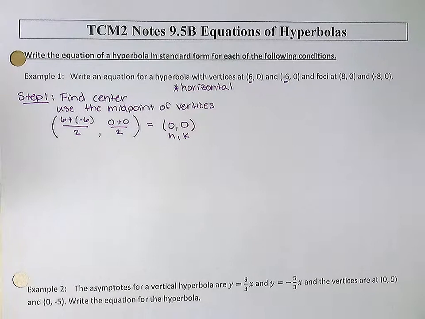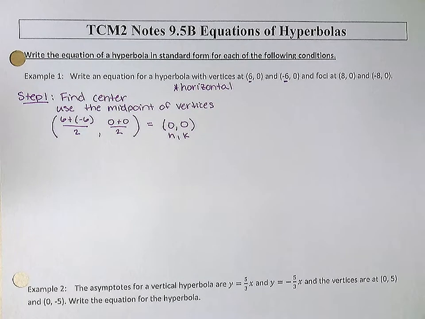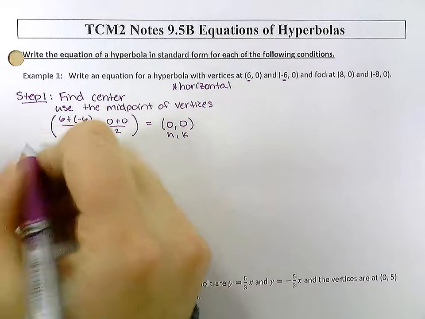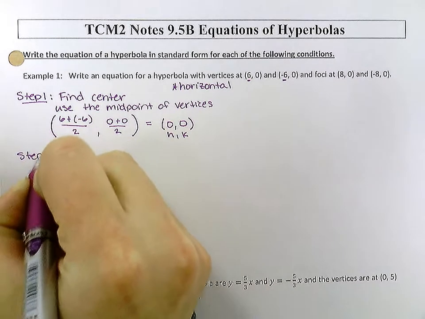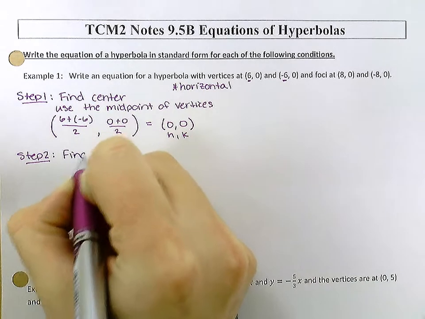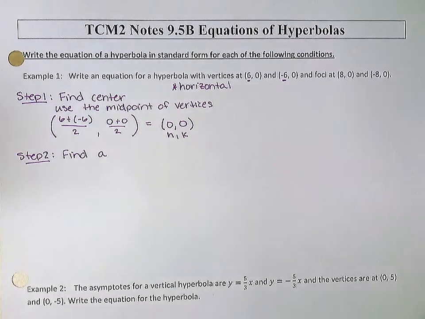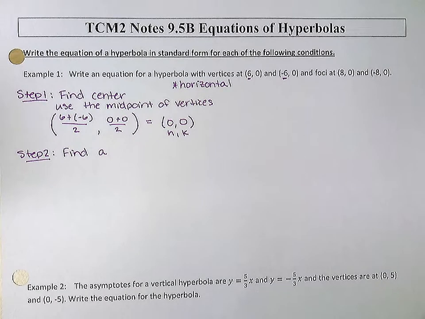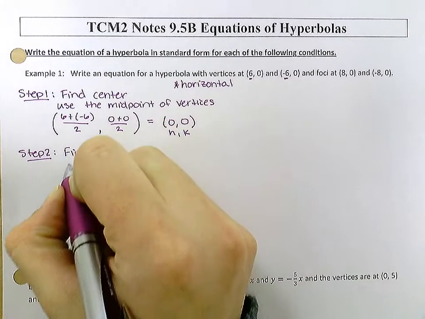Okay, so we're still finding h, k, and we're still finding a and b to plug into that equation. So next step I want to do is find a. So step 2 is to find a. We want to use one of our vertices to do that.